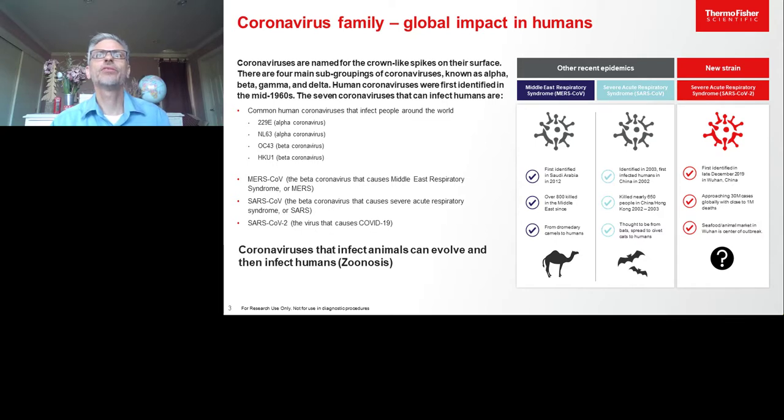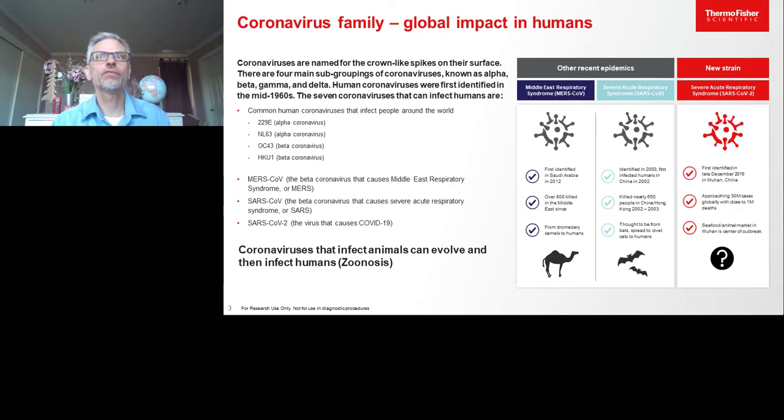So back in 2003, SARS, severe acute respiratory syndrome, SARS-CoV, the first version of SARS, was identified in China in 2002-2003. It killed nearly 650 people in China and Hong Kong, and is thought to have been transmitted to humans via bats, and then into civets, and then on into humans.